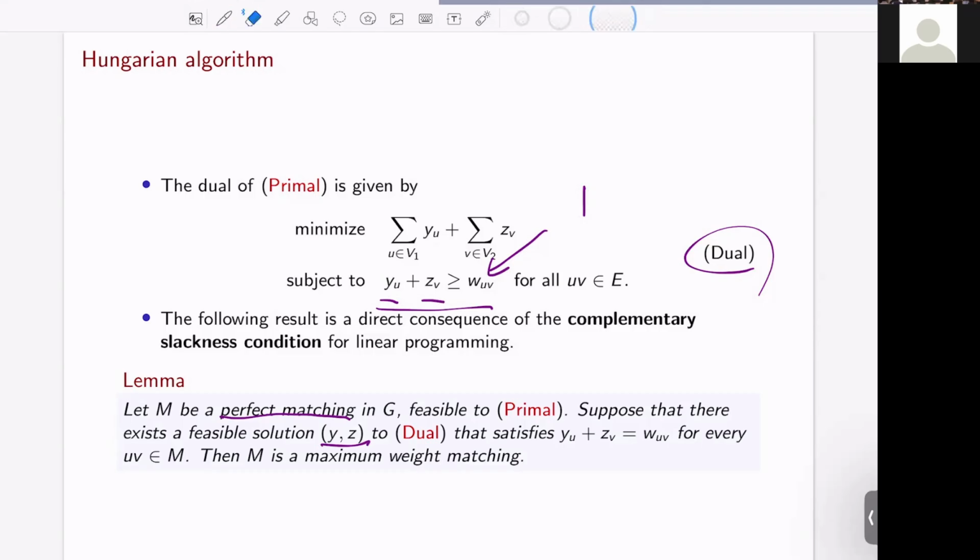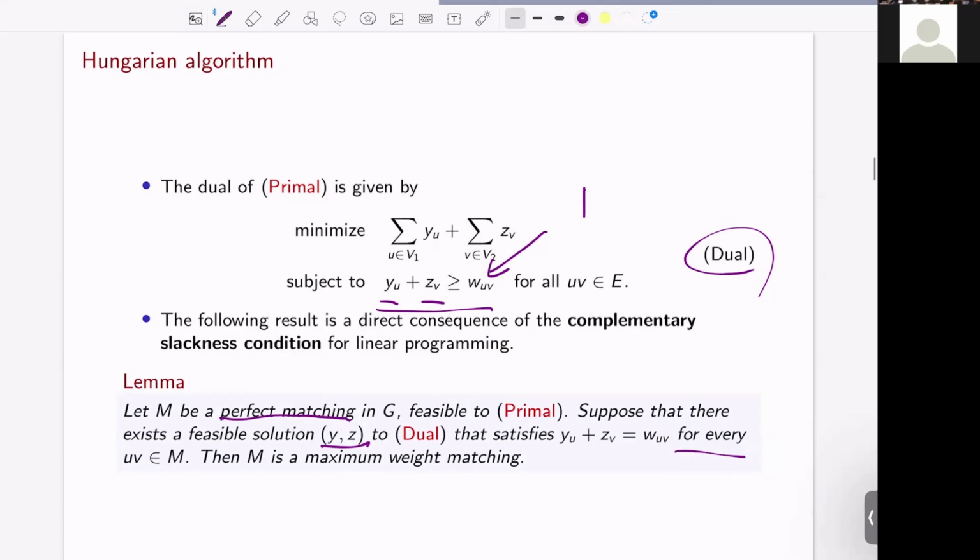So for every edge that's used in my perfect matching, I want to satisfy this inequality constraint from the dual with equality. Okay, then by the complementary slackness condition, we can guarantee that my perfect matching is optimal. I'm gonna prove this statement without resorting to complementary slackness, but that is the statement.